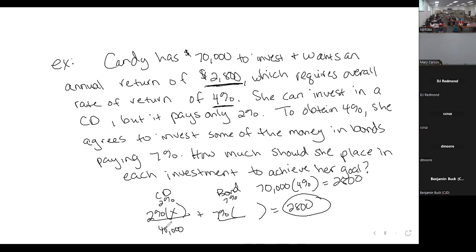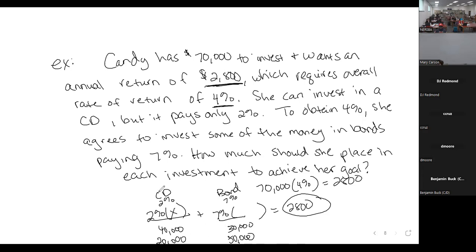You put money into certain things like CDs or bonds or stock, and you can make interest off it. Yes, so Riley, you're right. 30,000 would be what you would put in this one. Now, how did you get that? You subtract from the 70,000. So let's say I put 20,000 in this one. How much would you put into the bond? 50,000. Does that make sense?